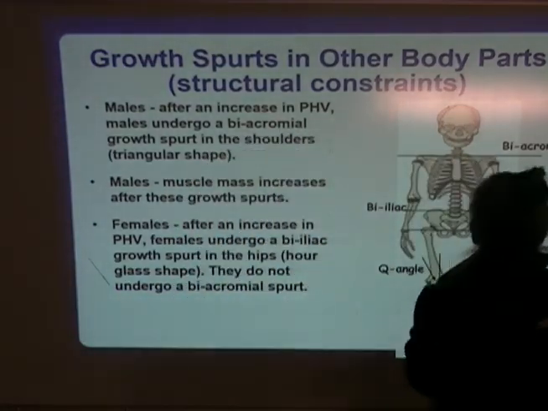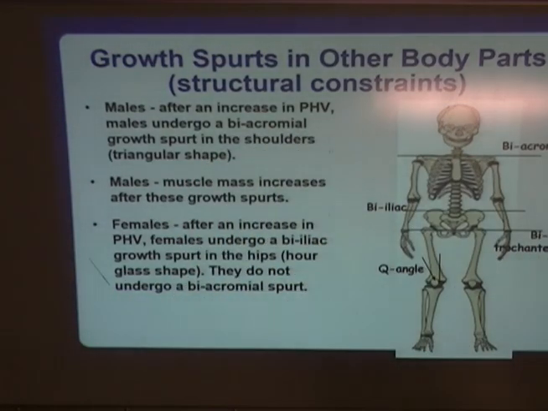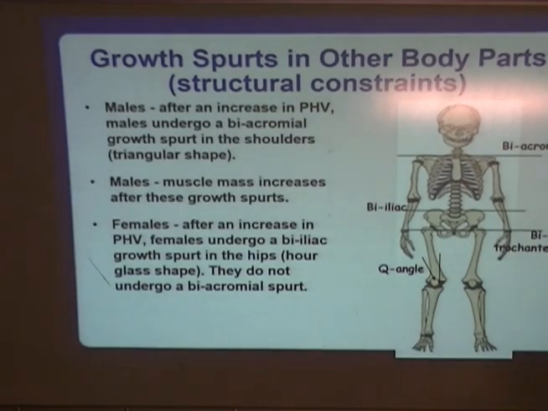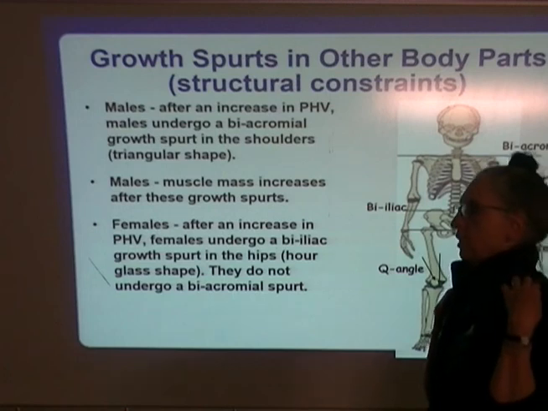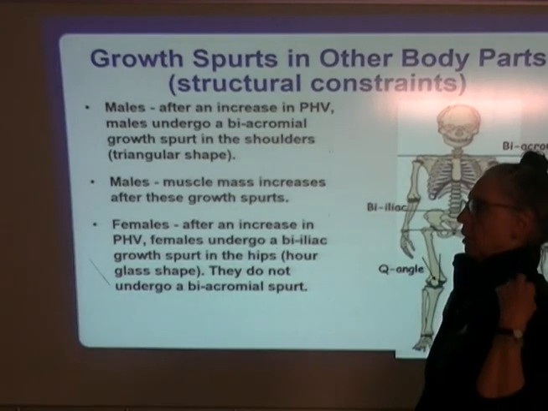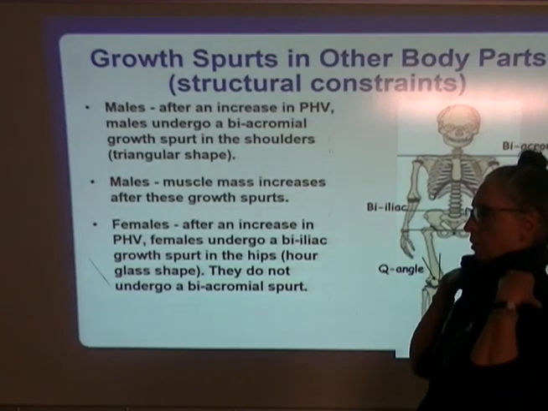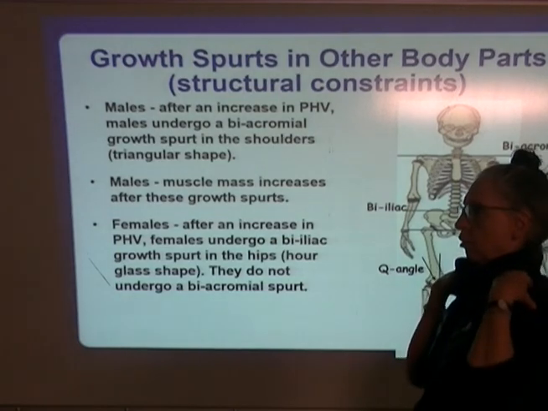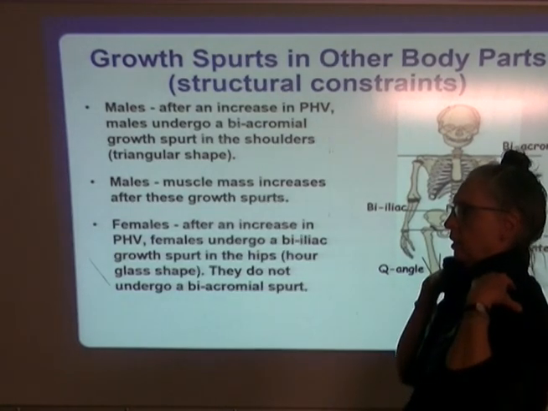So for boys, after they've gone through their peak height velocity, they go through what we call a biacromial spurt. So the acromion processes are those lumps you can feel at the end of your collarbone.